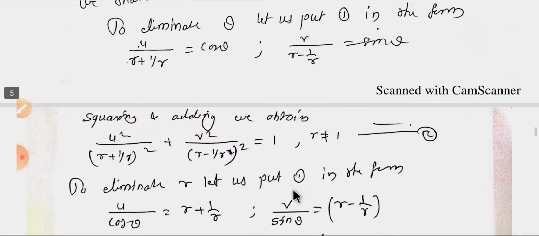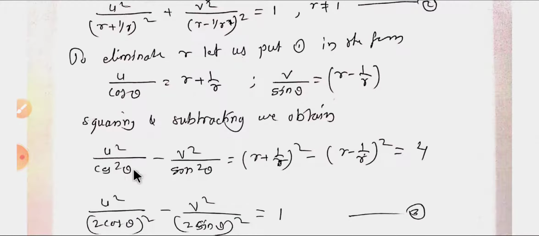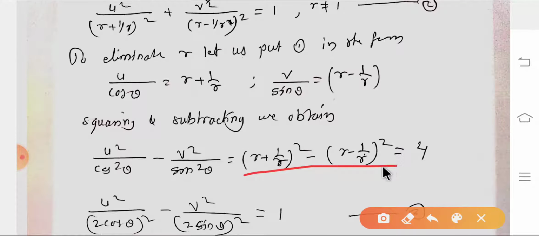Consider this as equation 2. Now to eliminate r, let us put equation 1 in the form u by cos theta equal to r plus 1 by r and v by sin theta equal to r minus 1 by r. Again squaring and subtracting, we get u square by cos square theta minus v square by sin square theta equal to r plus 1 by r whole square minus r minus 1 by r whole square, which by simplification comes to 4.